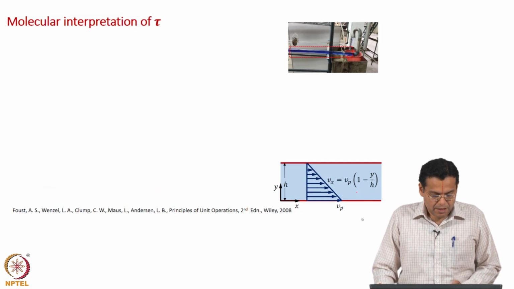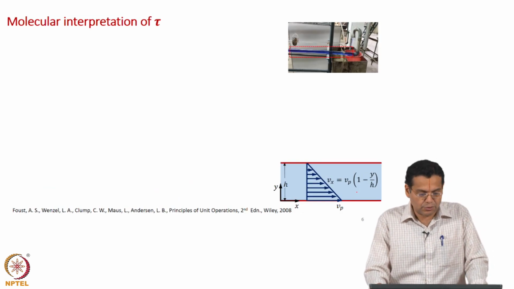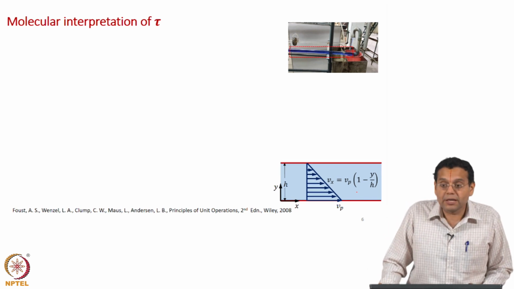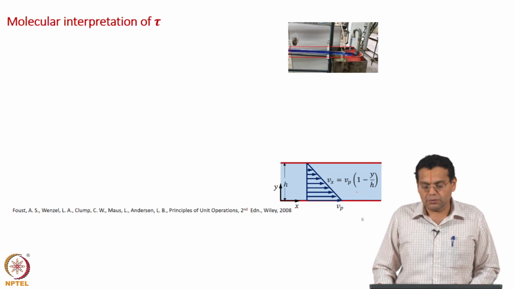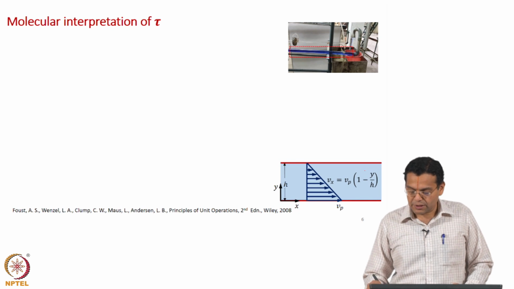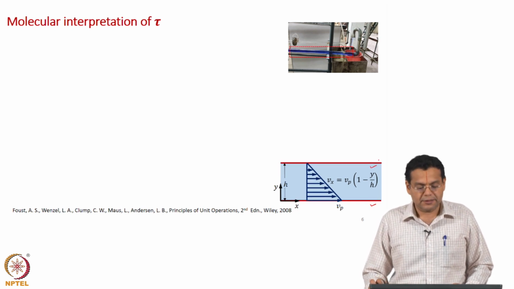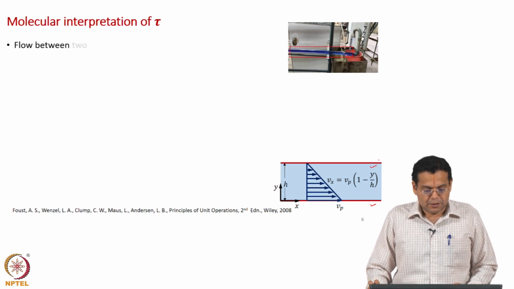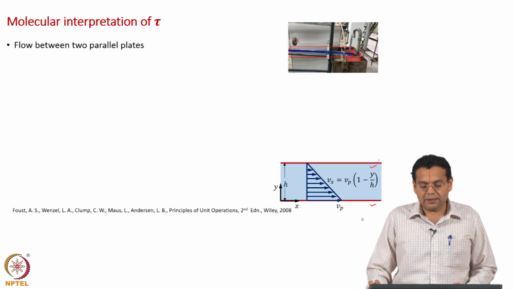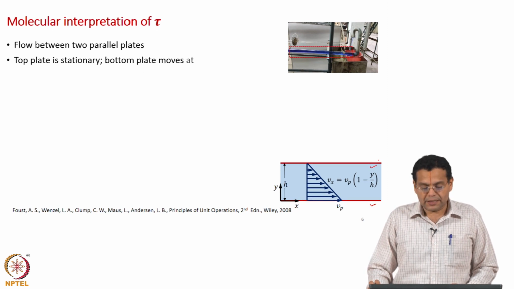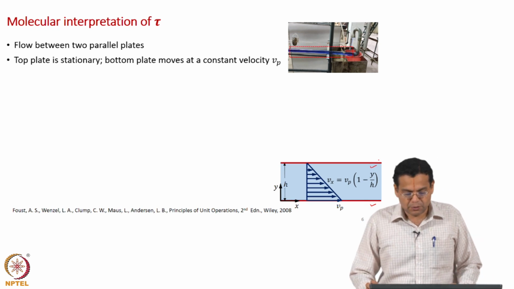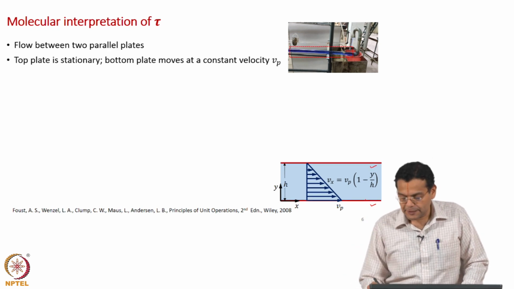Now, what we are going to do is give a molecular interpretation for tau. As I told you, we are going to take the case where the bottom plate is moving and the top plate is fixed. Flow between two parallel plates, the top plate is stationary, the bottom plate moves at a constant velocity Vp. Now, what happens?